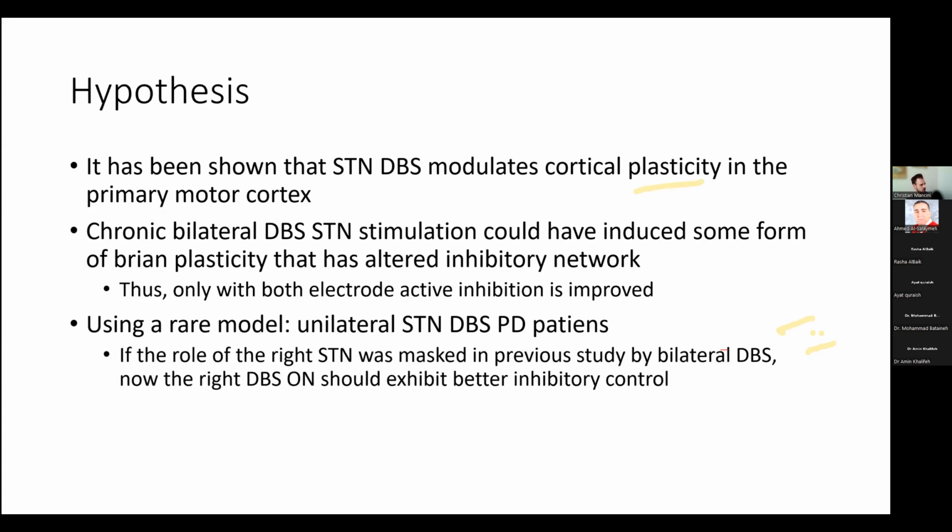So if the role of the right subthalamic nucleus was masked in the previous study by bilateral deep brain stimulation activity, so cortical plasticity, now by using only right unilateral subthalamic DBS patients, we could exhibit a better inhibitory control, because there should not be any cortical plasticity between the two hemispheres.